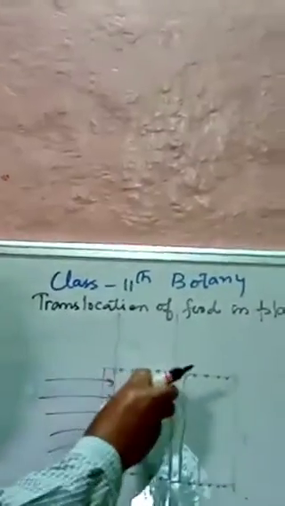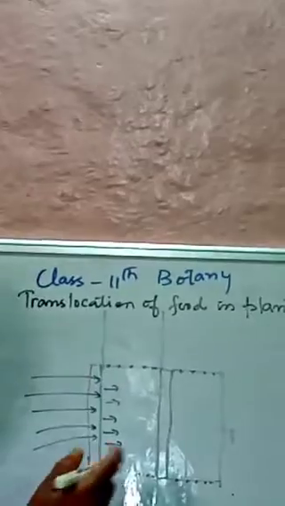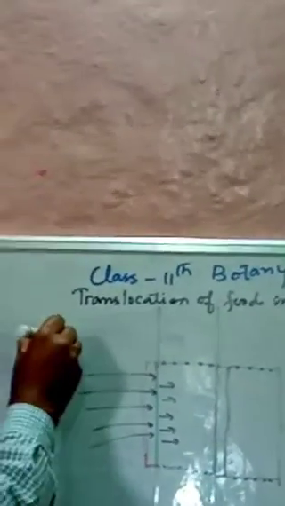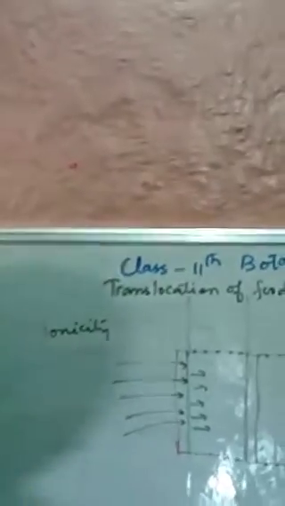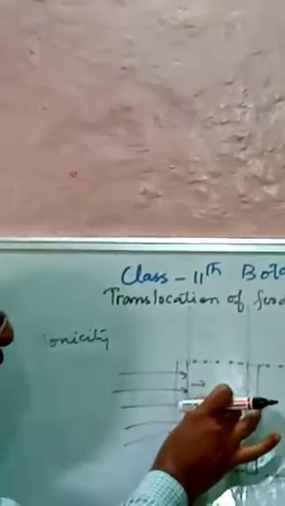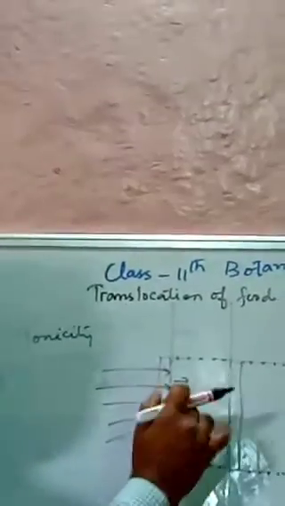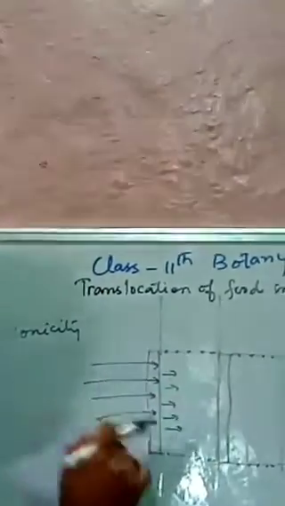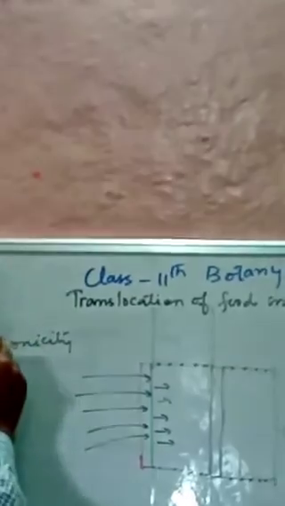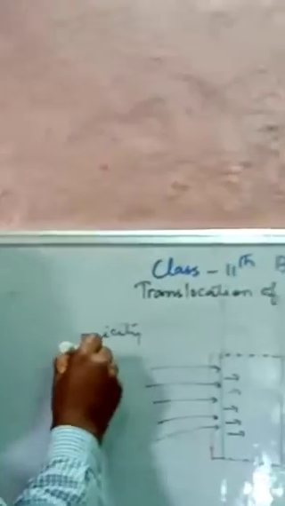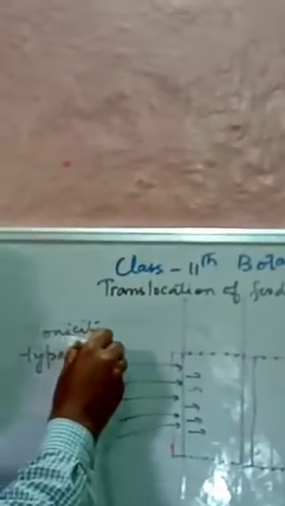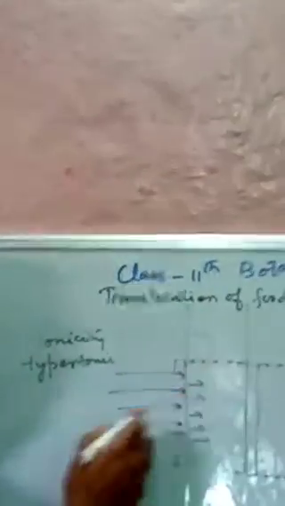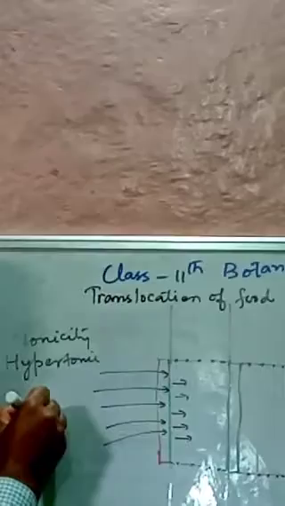Now here we will see tonicity. When the food, that is sucrose, reaches into this sieve tube, it will become hypertonic, and the cell which is adjacent to it is hypotonic.